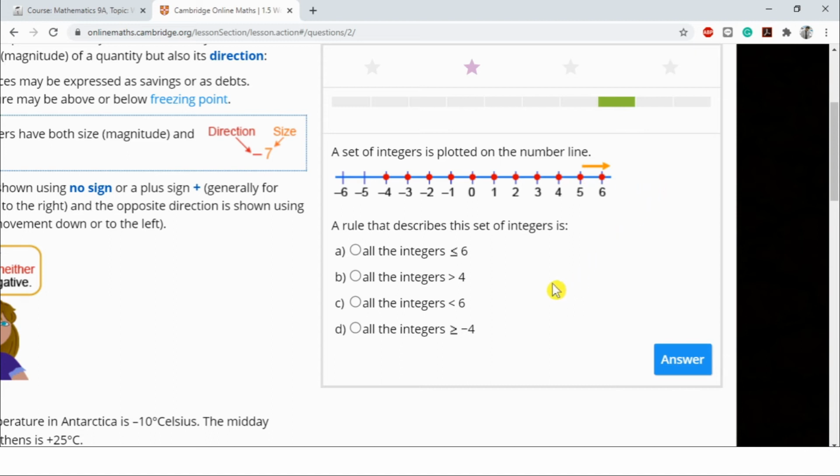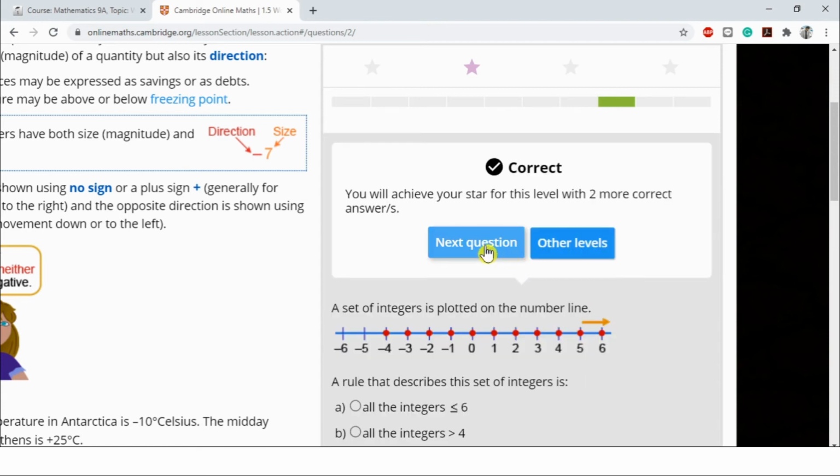So what does that mean? It means that all integers are greater than or equal to minus 4. So it's starting from minus 4 to the right until infinity. Okay, that's correct.